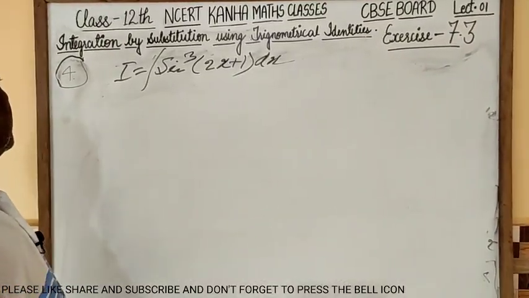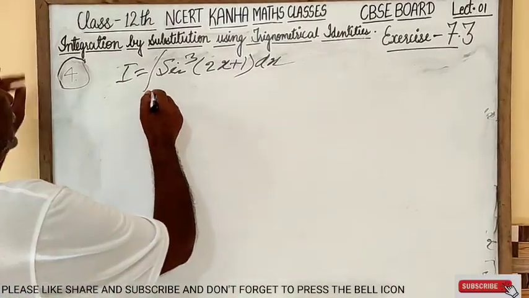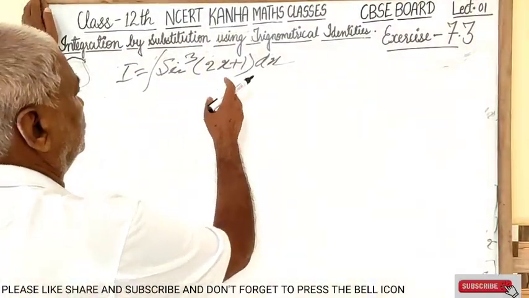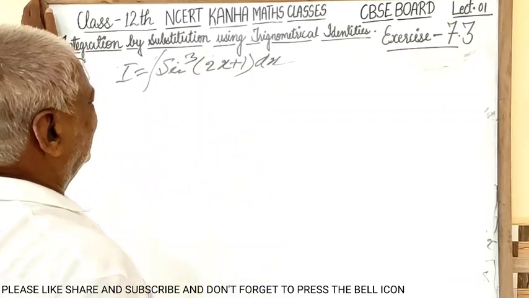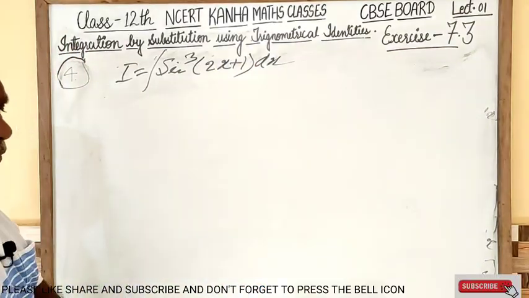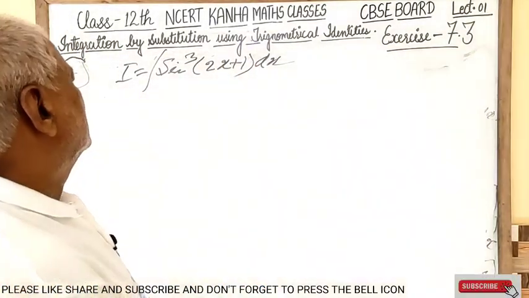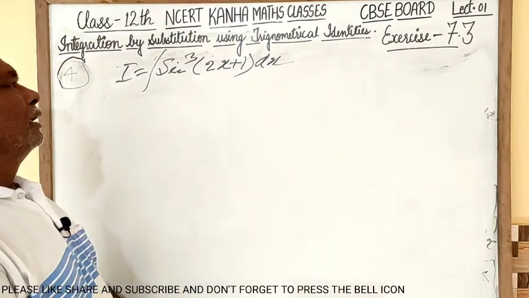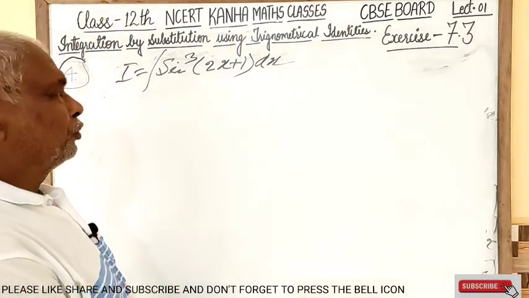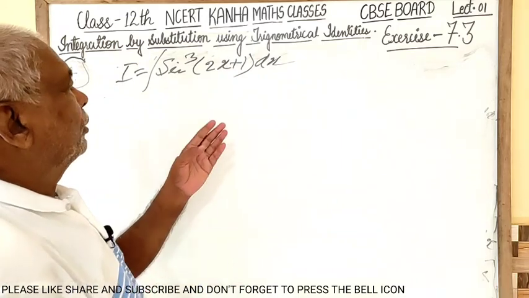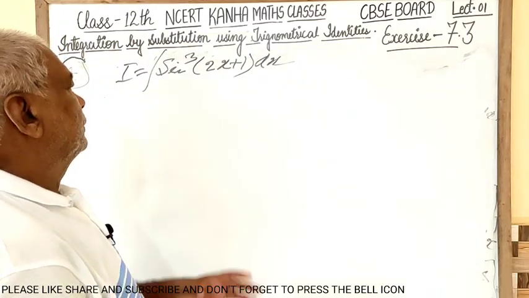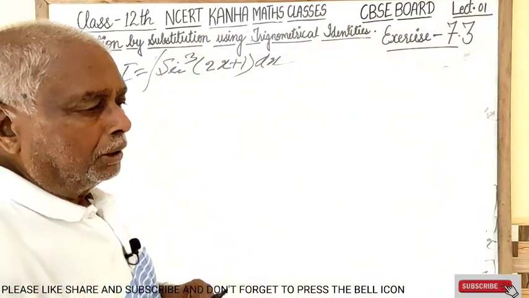To integrate question number 4, I is equal to the integral of sin cube (2x plus 1) dx. Here we can utilize either the general way, the alternative method, or the method of trigonometrical identities, whichever may be easier.